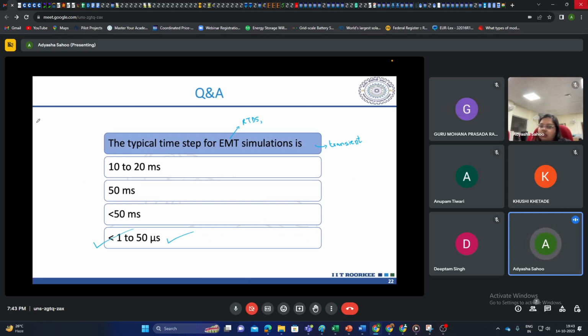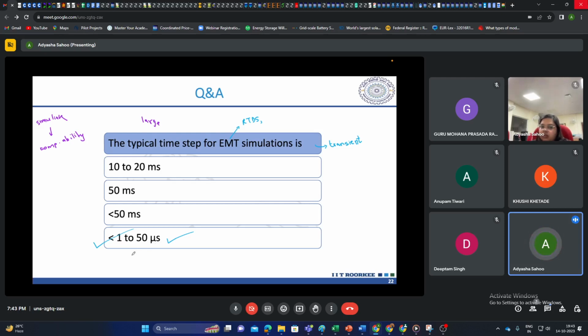So if you remember, we studied that this Simulink platform, the Simscape platform we are using in MATLAB, its computational ability is basically limited. So for going for larger systems or for high resolution, like in microsecond studies, we need high computational power, right?